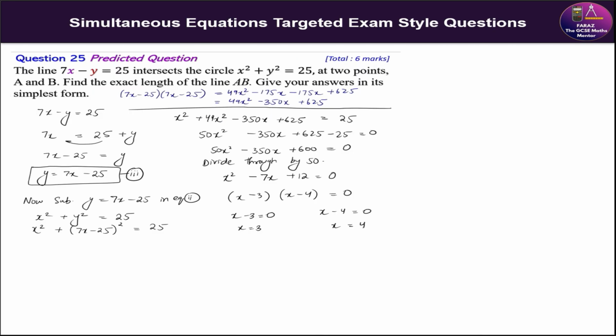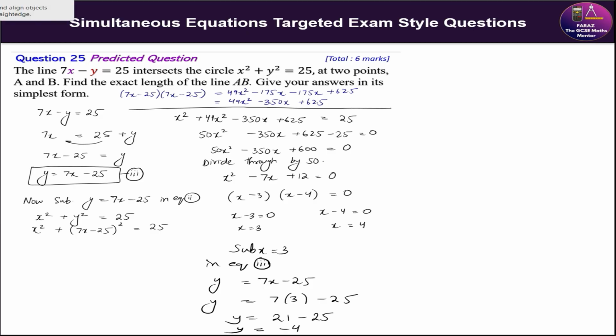To find the corresponding y values, you have to substitute x equals 3 in equation number 3, y equals 7x minus 25. That gives y equals 7 times 3 minus 25. 7 times 3 is 21, minus 25, which is negative 4.